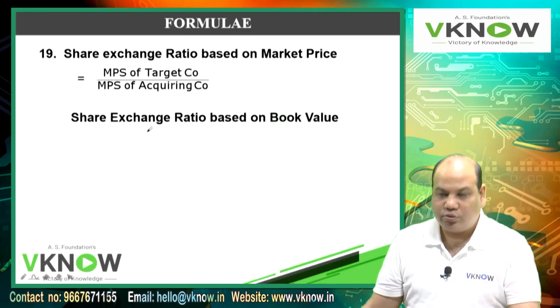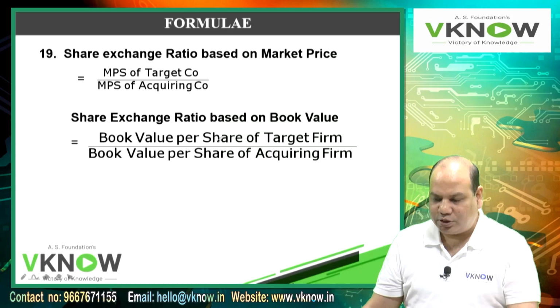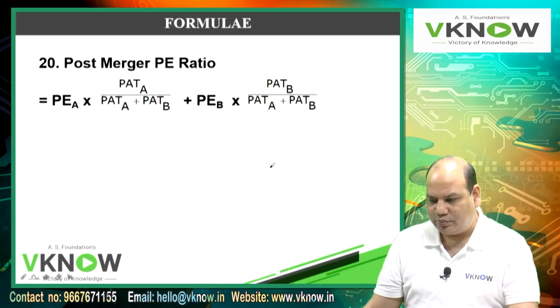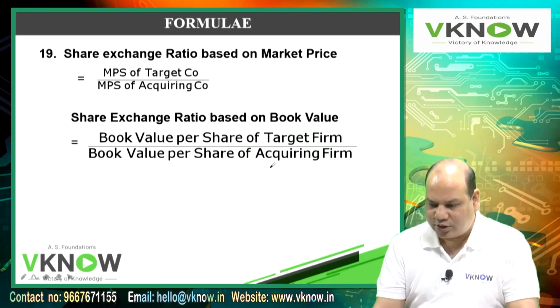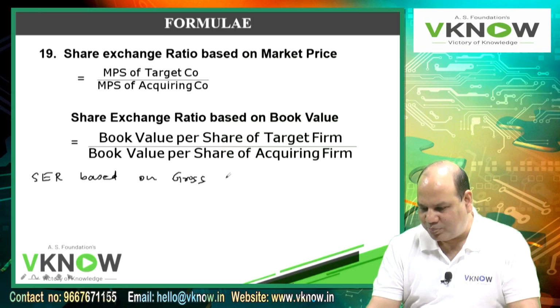Share exchange ratio based on book value is book value per share of target firm upon book value per share of acquiring firm. And you add one more thing here. Share exchange ratio based on gross NPA.